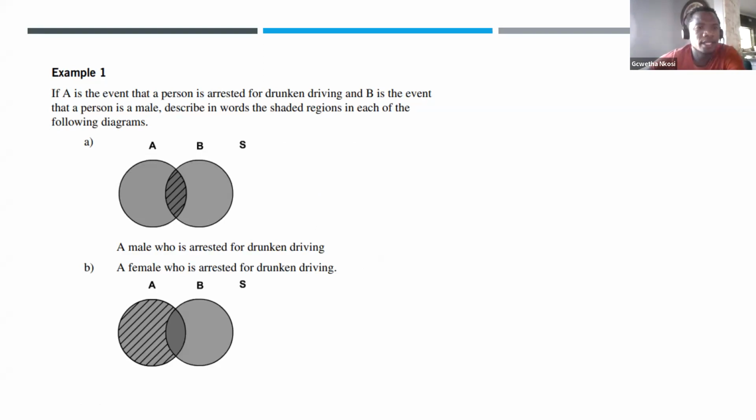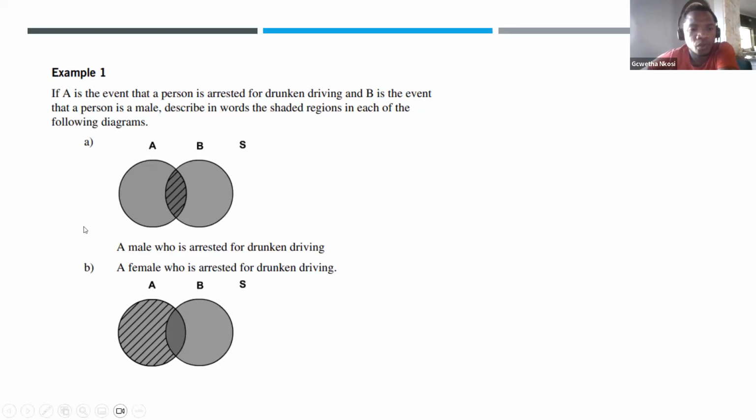Now let us look at this. Example 1. If A is the event that a person is arrested for drunken driving, and B is the event that a person is a male, describe in words the shaded region in each of the following diagrams.